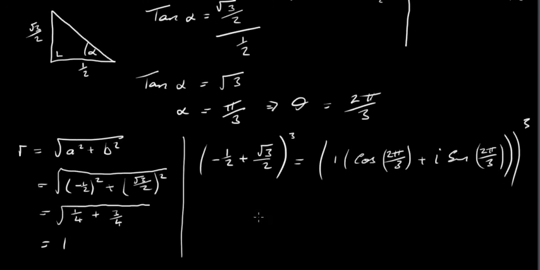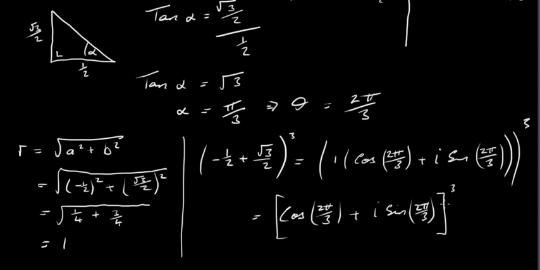So how do we do that? Okay, so we've got to raise this 1 to the power of 3, so that's just going to be 1. So really we just end up with cos 2 pi/3 plus i sine 2 pi/3. Really we're just raising this part here to the power of 3.